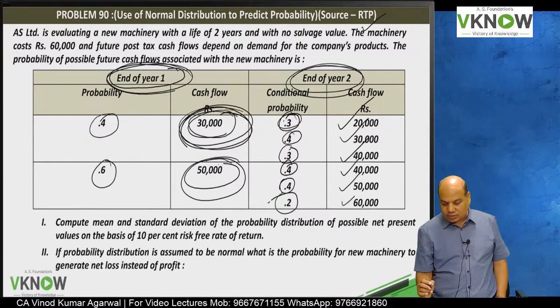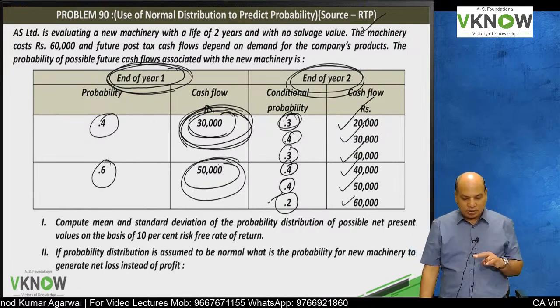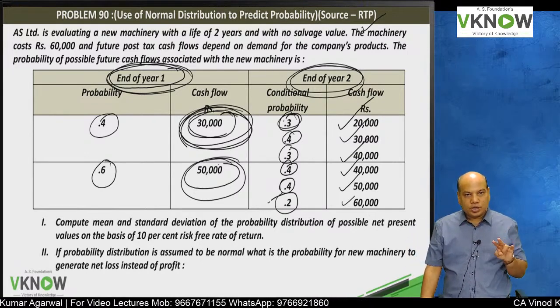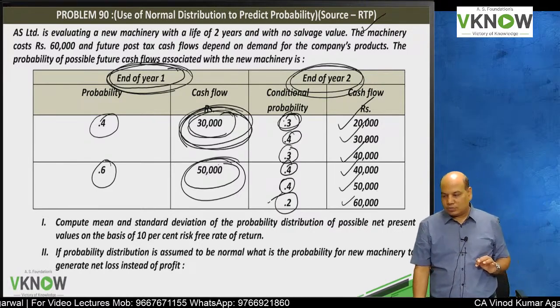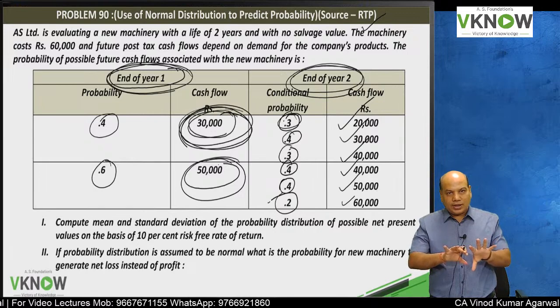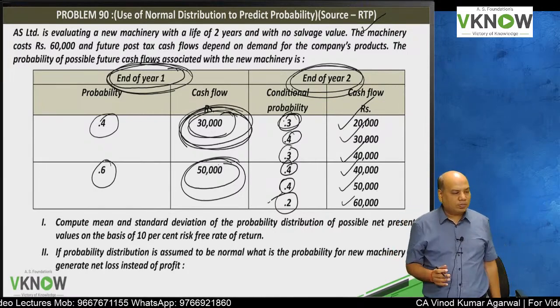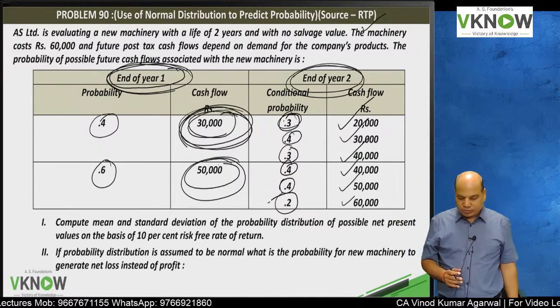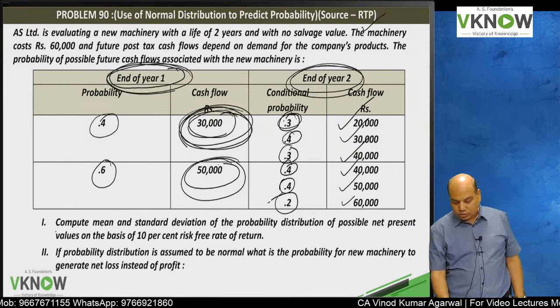In the same chapter we have done this type of question 2 times in the class, 1 time it was given as homework. So finding expected NPV we have already covered in your batch 3 times. First question is also same. What is the mean NPV?